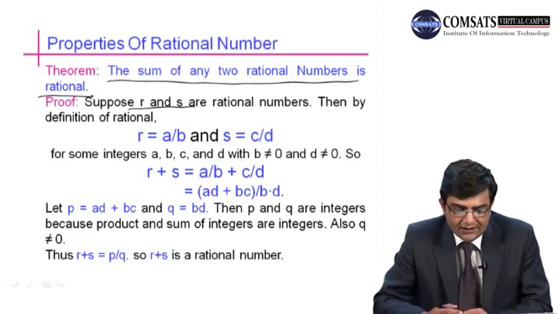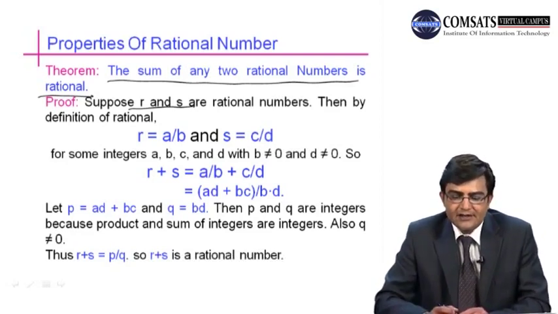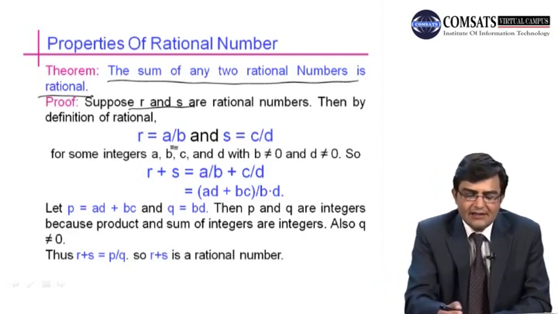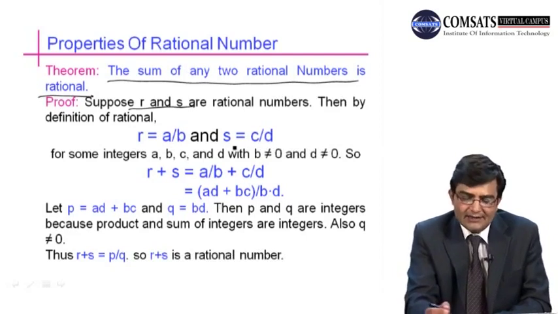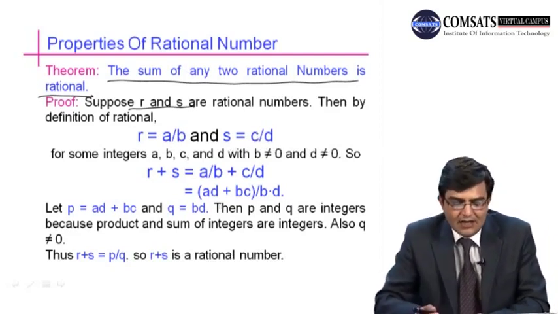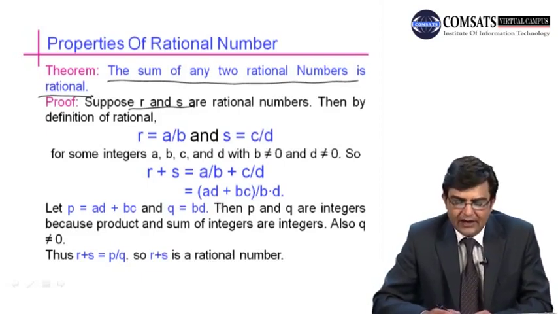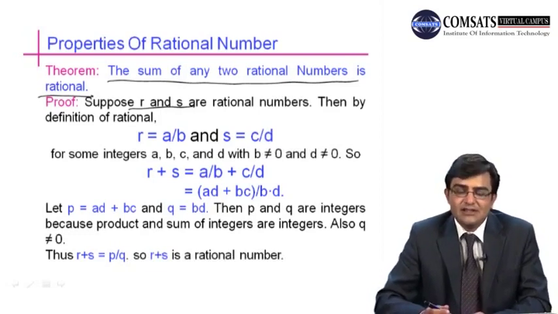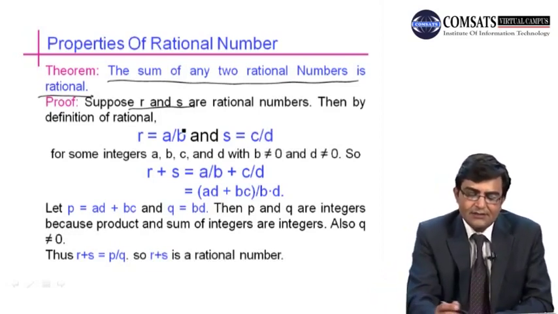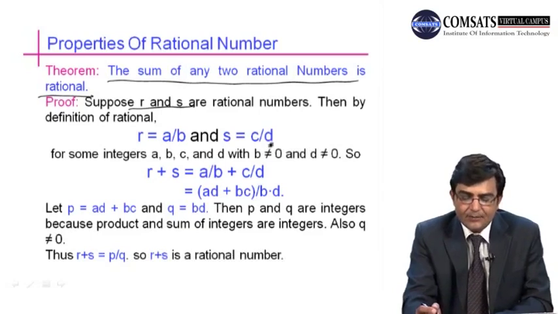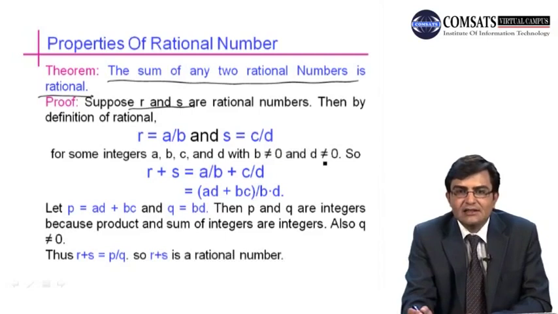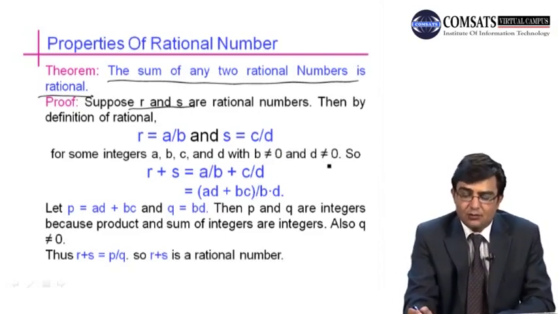Then by definition of rational, R can be written as A divided by B and S can be written as C divided by D, where A, B, C, D are integers and the denominator of a rational number must not be 0. So here the denominator is B, here the denominator is D. So B must be non-zero and D is also not equal to 0.